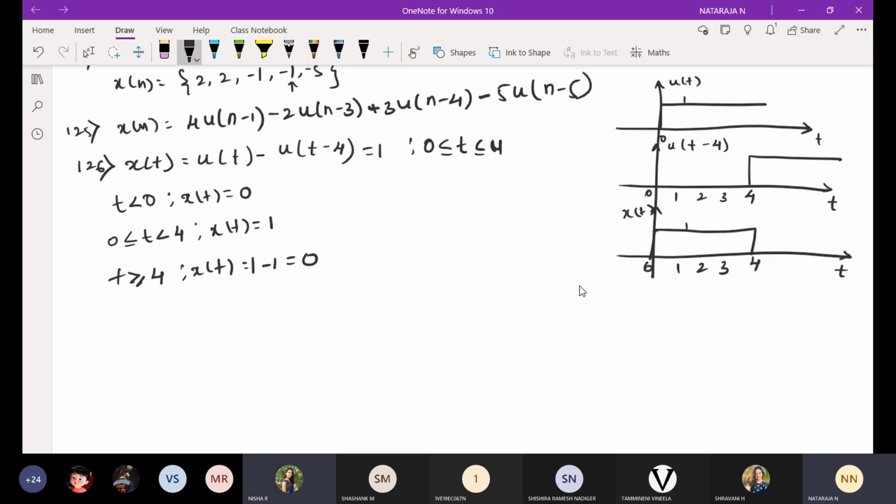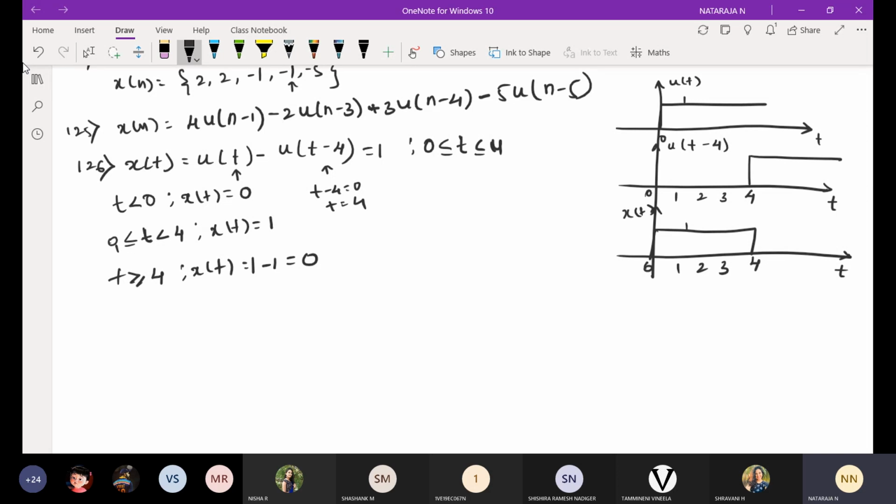So can you explain the second step, sir? From 0 to 4, how is x of t equal to 1, sir? See, I am going to consider from this point to this point. U of t means it is 0. U of t minus 4, t minus 4 is equal to 0, t is equal to plus 4.